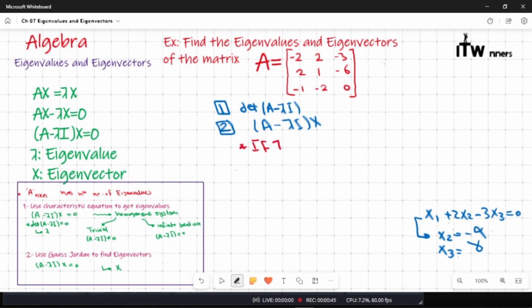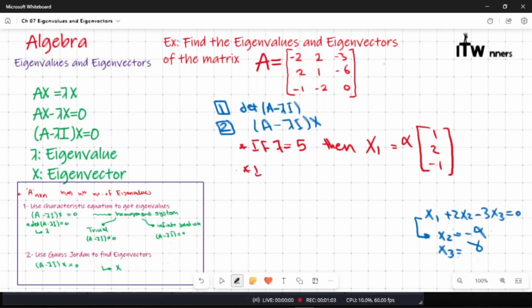If lambda equal to 5, then x1 will be equal to alpha into 1, 2, negative 1.